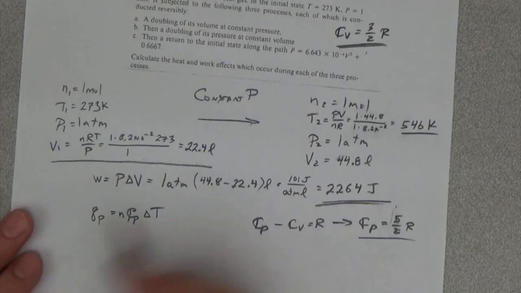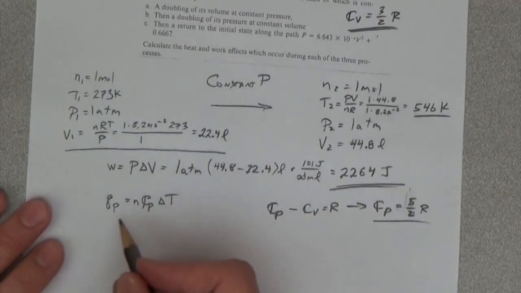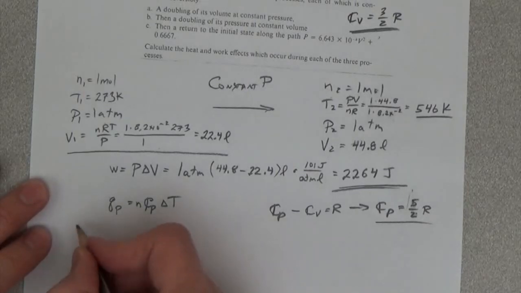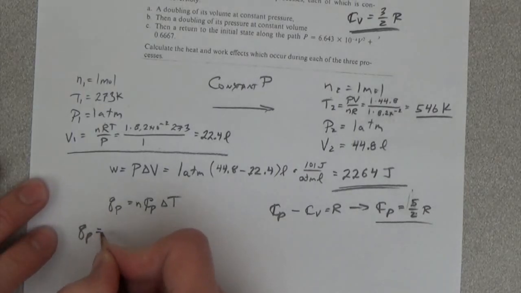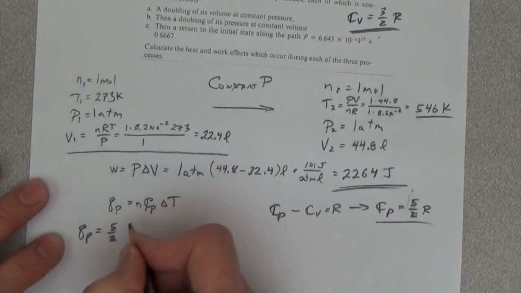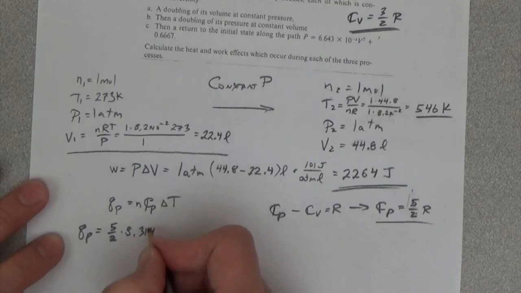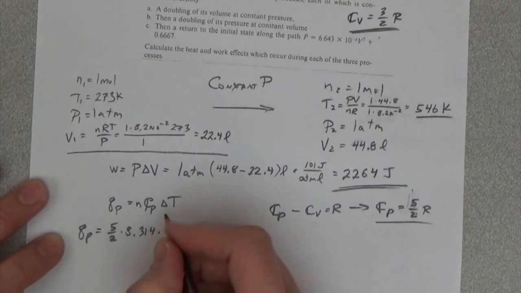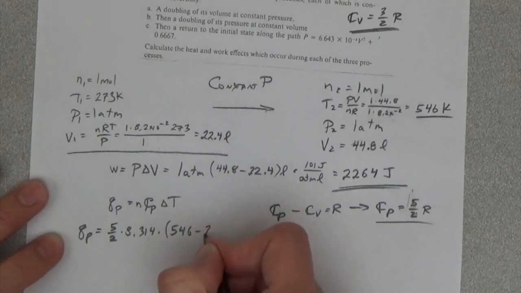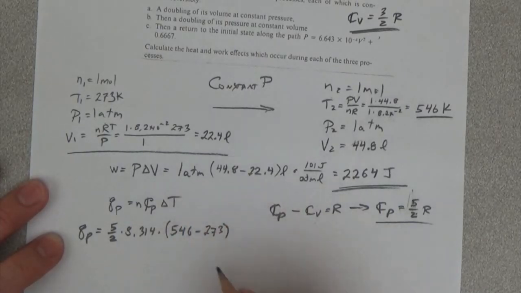So, okay, here we are, which means that now, substituting this into here, we get Qp is equal to 5/2 times 8.314 times 546 minus 273 times 1 mole.